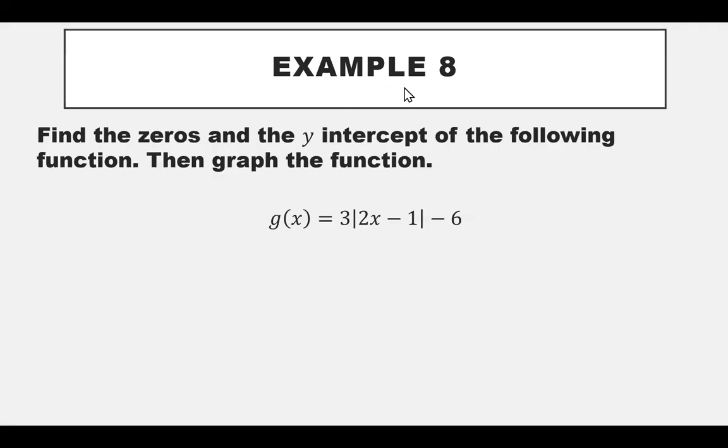Now, the last example has a slight change in terminology. We're going to use the terminology of zeros instead of the terminology of x-intercepts. And we're going to be asked to find the zeros and the y-intercept of the following absolute value function. g of x is equal to 3 times the absolute value of 2x minus 1, minus 6.